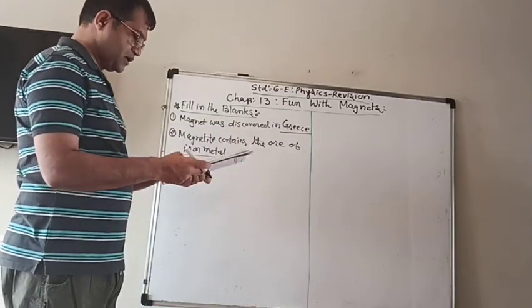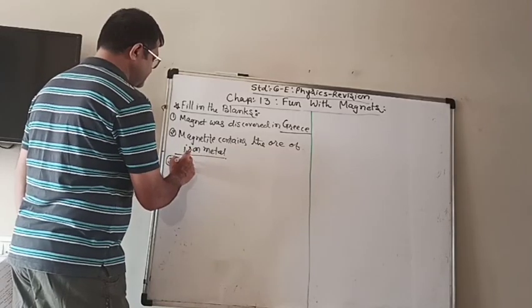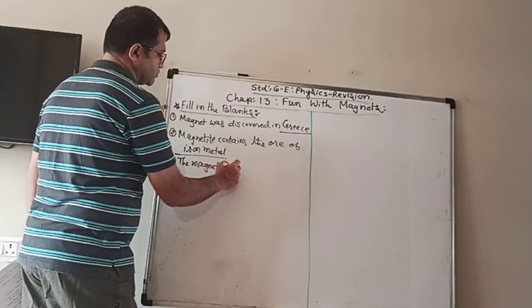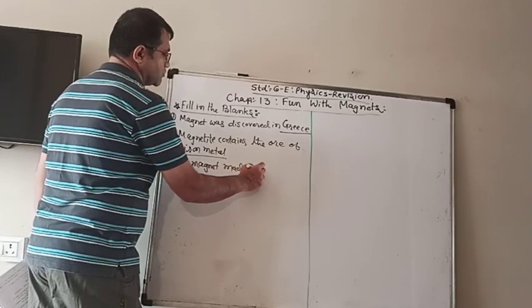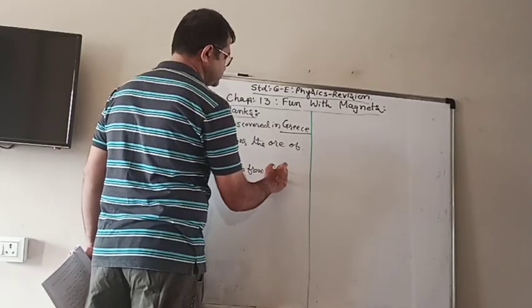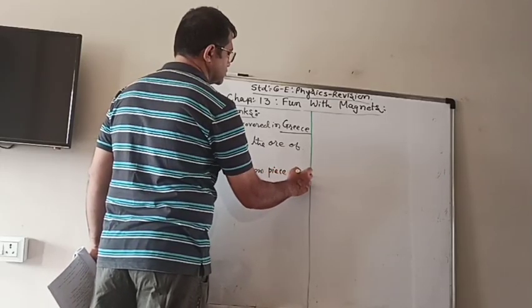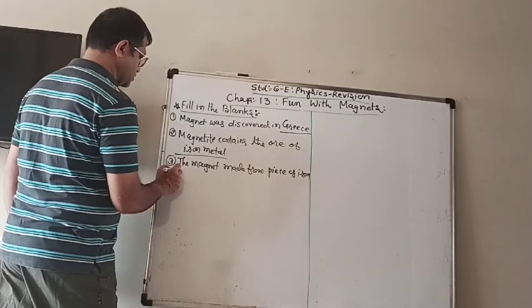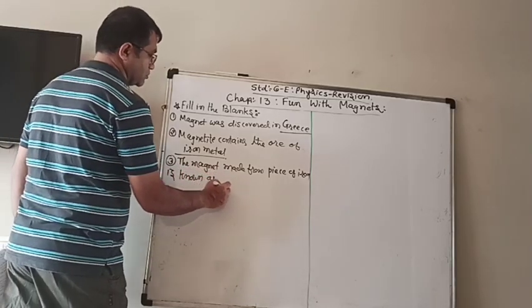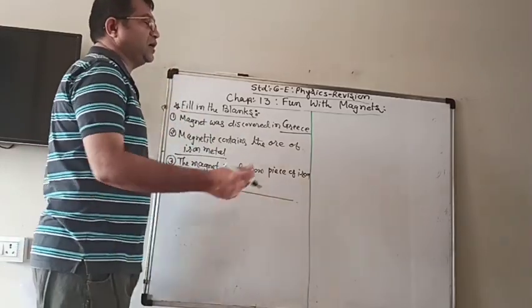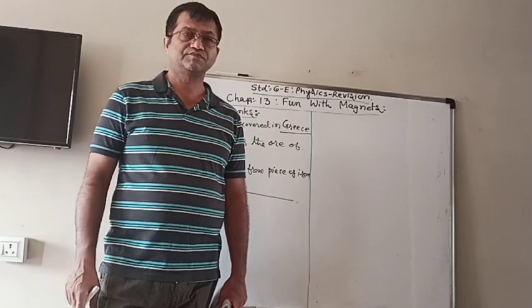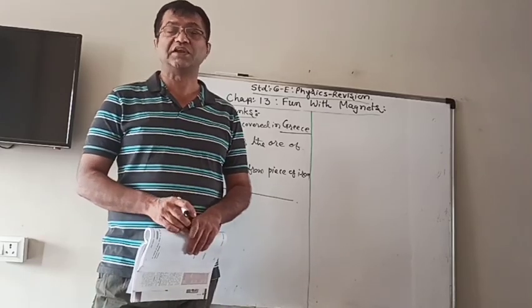Third one, the magnet made from a piece of iron is known as blank. When a magnet is found in rocks, it is known as a natural magnet.